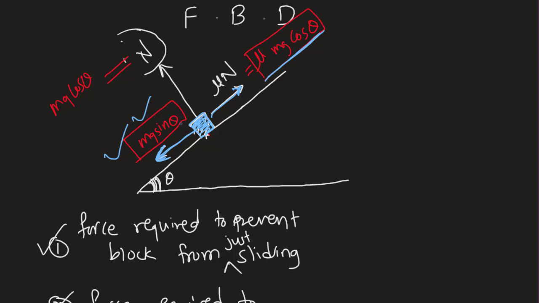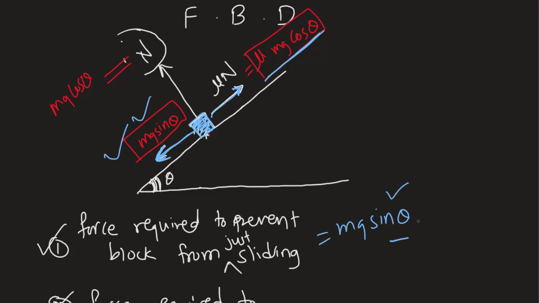Okay, so we will need a force that is equal to at least this one, mg sine theta, because we want to prevent the block from sliding. And this force mg sine theta is actually pulling it in the downward direction. So we will need at least this force, right?